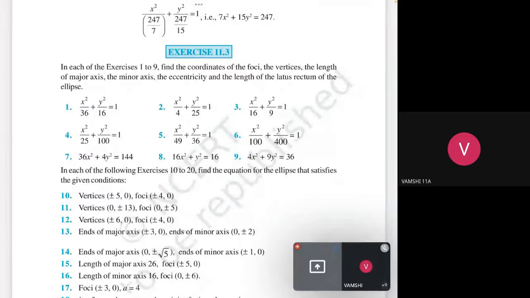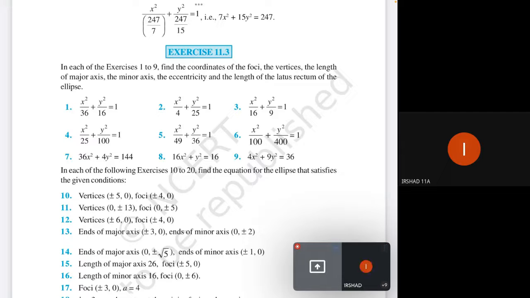And do remember, in the second problem you see it is in the form of x square by B square plus y square by A square equal to 1. So the A value is 5 and the B value is 2. After getting C, the foci will be 0 comma C and 0 comma minus C. And the vertices will be 0 comma plus or minus 5.